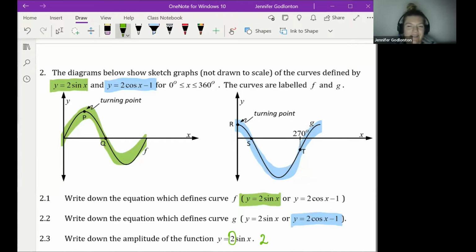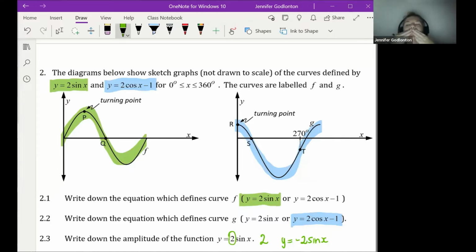Good. Can I ask you while you're here, if my equation was y is equal to negative 2 sine x, and I asked you for my amplitude, what would my amplitude be? Yes, the amplitude is always positive.